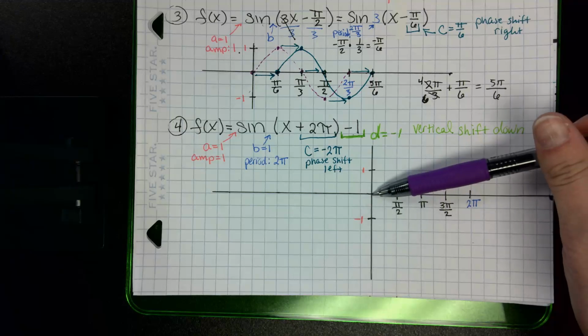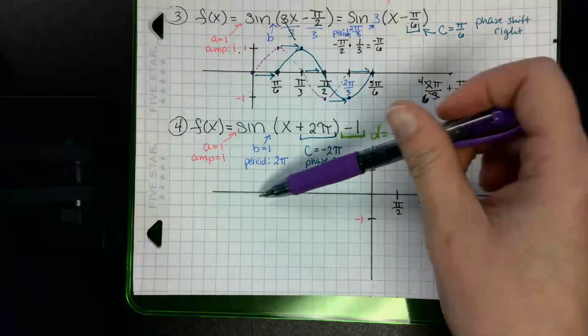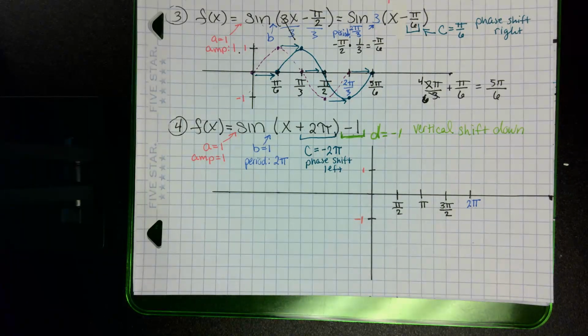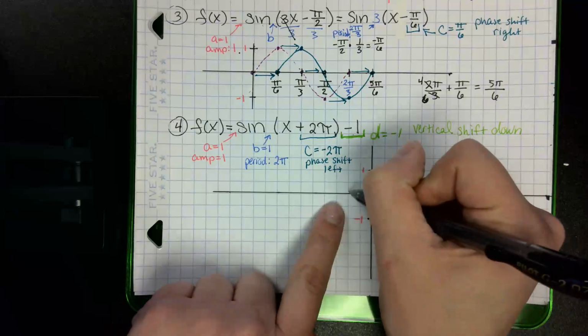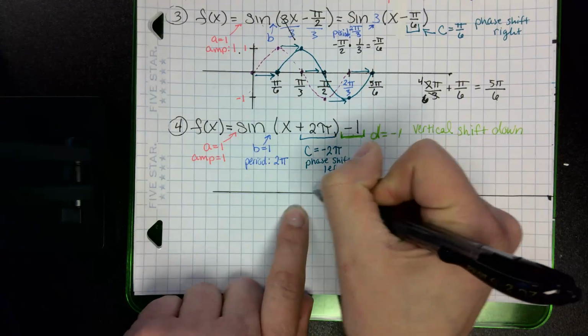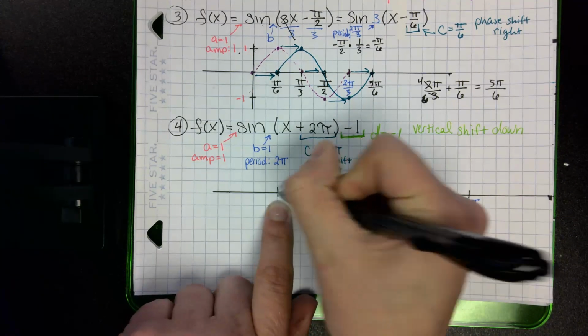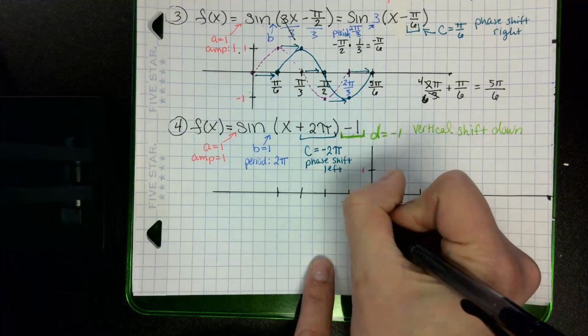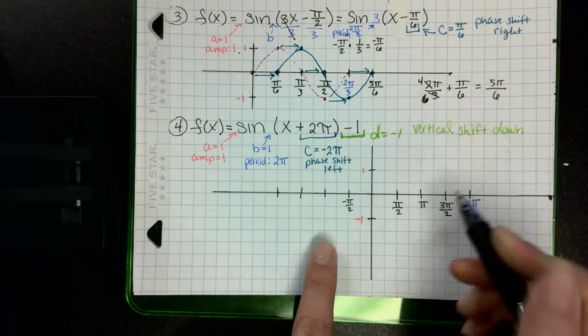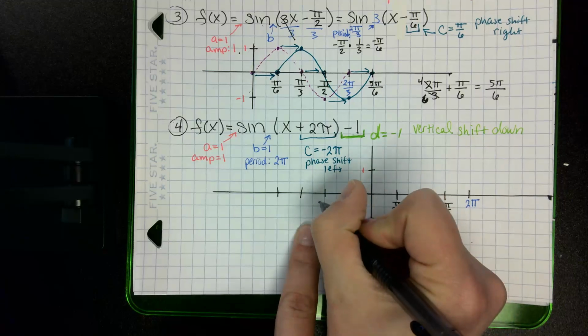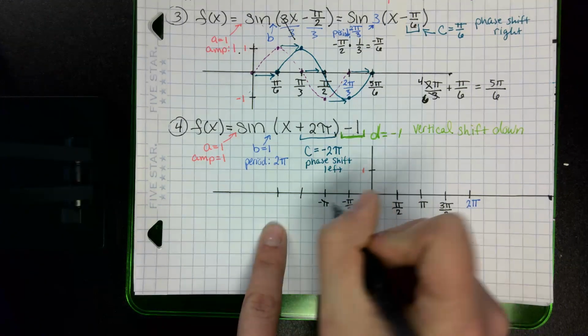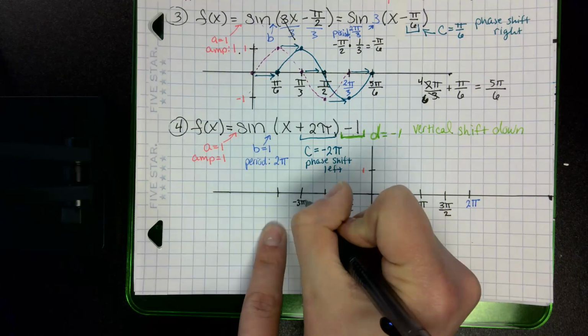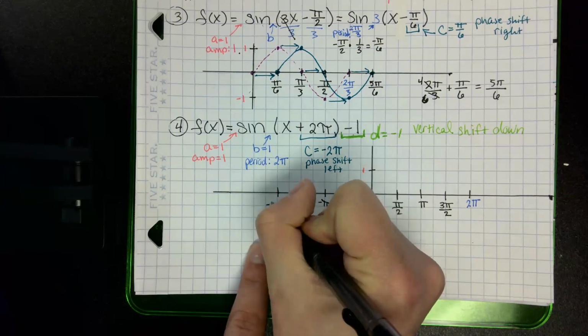So if I want to take 0 and shift it to the left, I need 4 more marks. So I'm going to go 1, 2, 3, 4. So to the right is pi over 2, so the left would be negative pi over 2. And then negative pi. Then negative 3 pi over 2. And negative 2 pi.